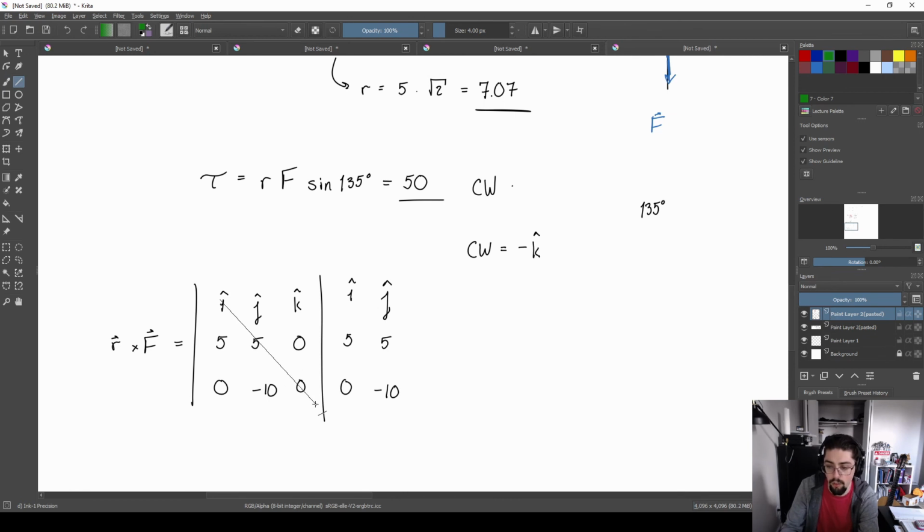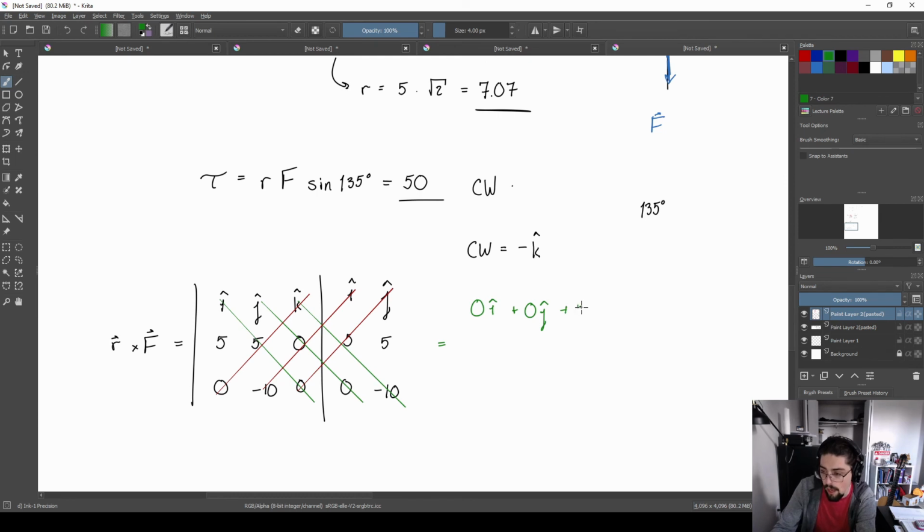Take the down diagonals, add them all up. Take the up diagonals, subtract them. Now, if I go through these things piece by piece, first one, 0. 0 i hat. Cool. Second one, 0. Cool, cool, cool. Third one, all right, that's actually something. That's k hat.